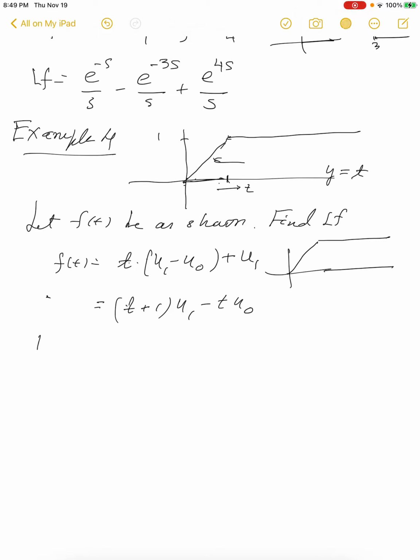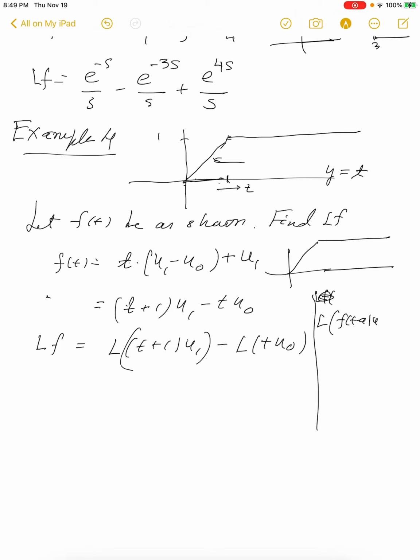Good. And now I want to take LF, which is going to be L of t plus 1 u1 minus L of t u0. Now let me recall the formula. The formula says that Laplace transform of f at t minus a, ua, is equal to e to the minus as Laplace transform of f. So evaluating this is easier because this is already t minus 0, but here you have t plus 1.